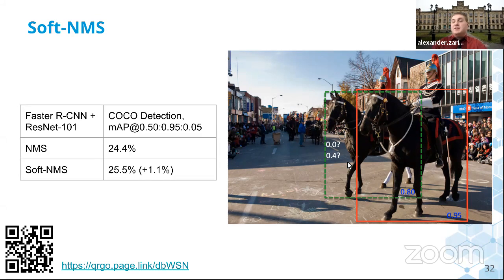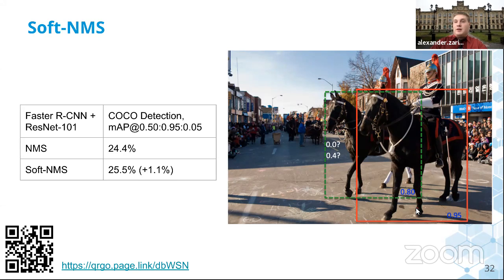And this idea was incorporated in SoftNMS. Instead of removing this bounding box, which is simply assigning a score of 0 to it, we may simply decrease the score of this prediction by the amount of overlapping area with the higher confidence bounding box.